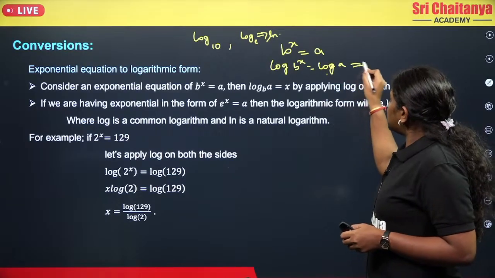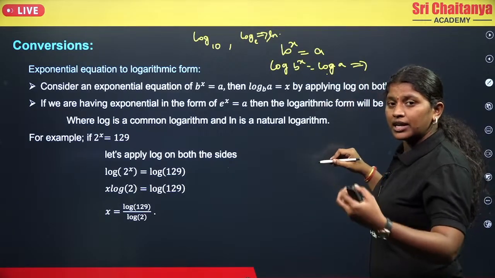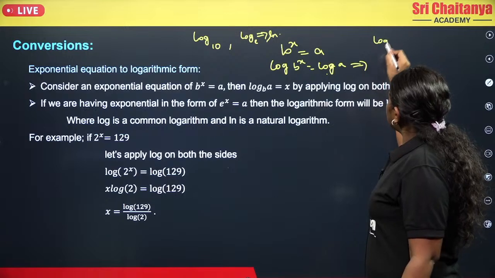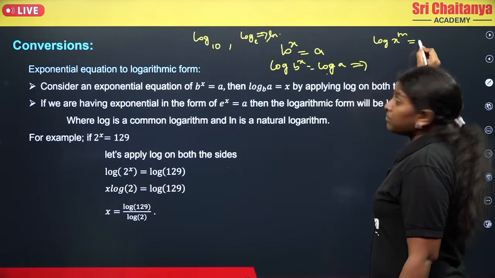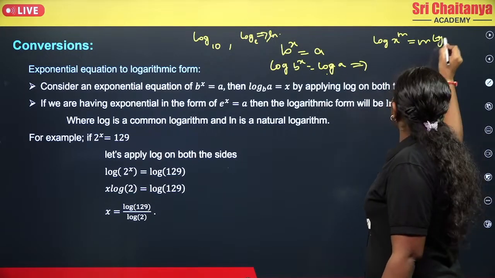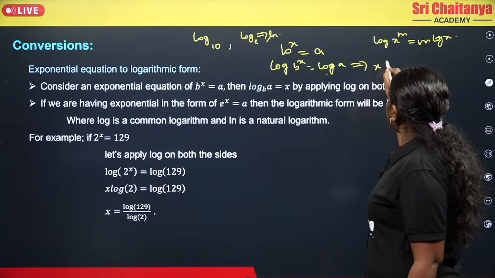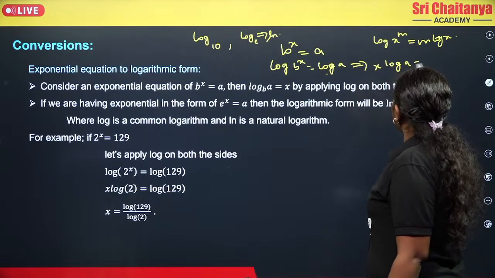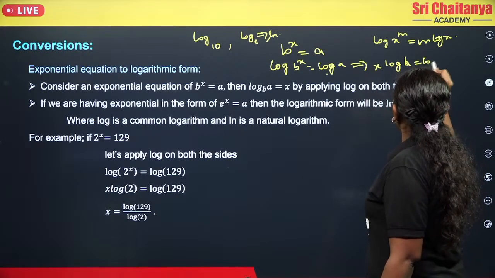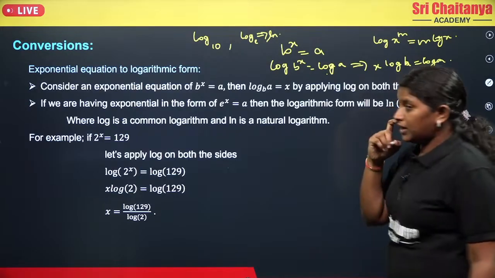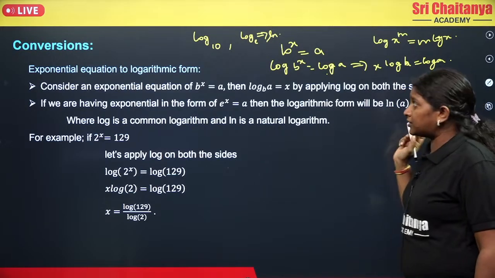Now on our left hand side, we can take log x to the power m, which can be written as m log x. So now here it will become x log b equals log a. Okay, so this is how we are going to write.